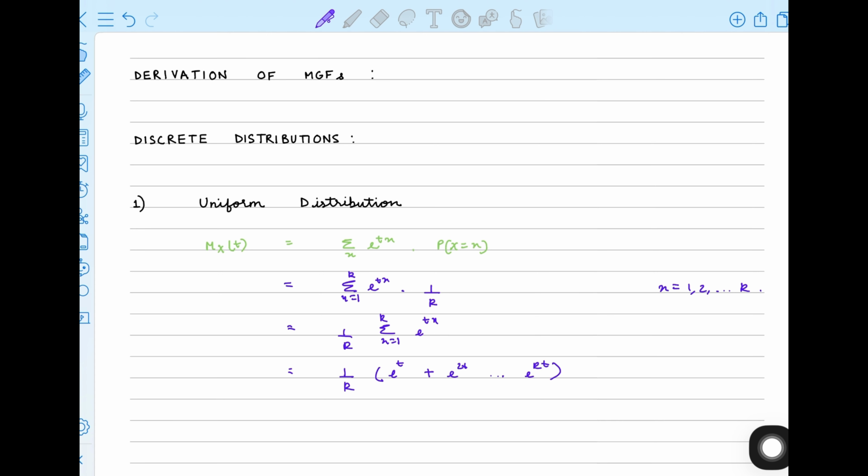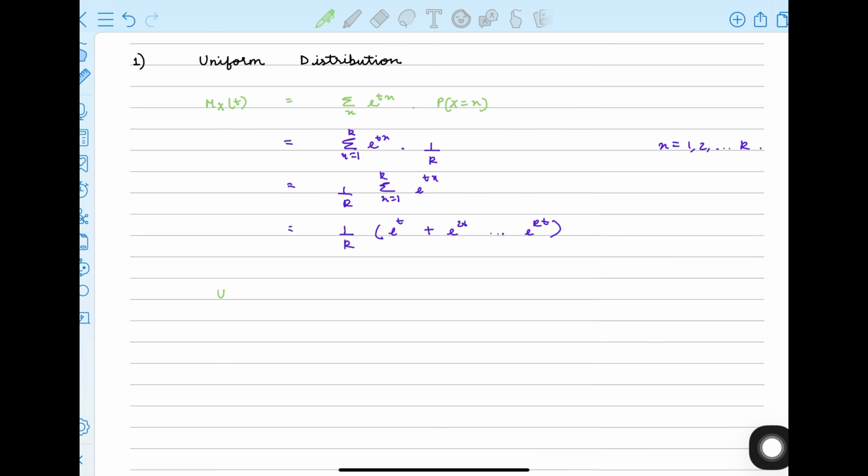This represents the sum of a geometric series with a finite number of terms. Therefore, we use the sum of GP formula here. Here, a, which is the first term, is e to the power t. r, which is the common ratio, is also equal to e to the power t.